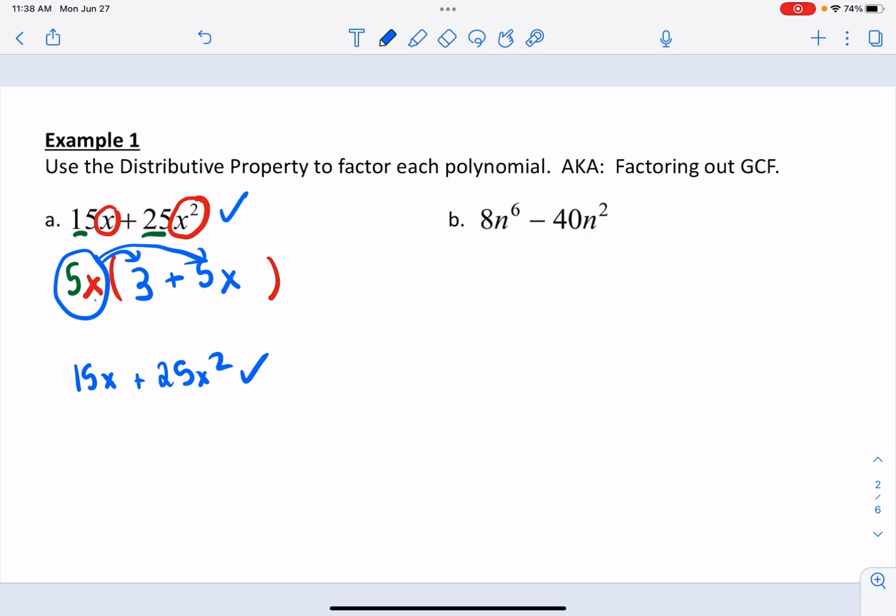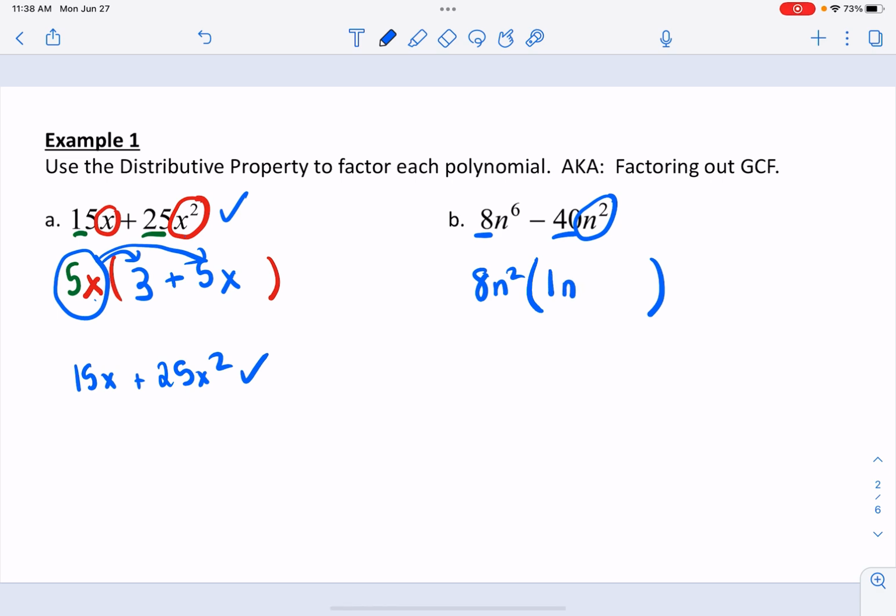For B, we have to see what's the largest number that goes into both 8 and 40. Yep, 8 goes into 40. And then remember what I said about the variables. For your variables, pick the lowest of the exponents. 8n squared, well, 8 times 1 gets 8, so that's going to be a 1 there.